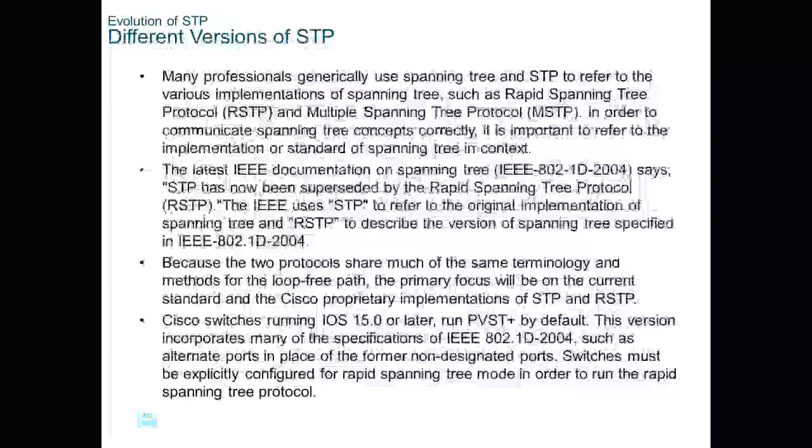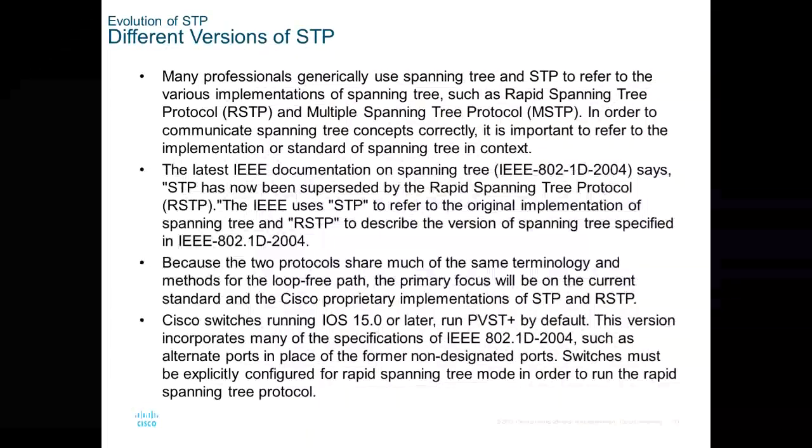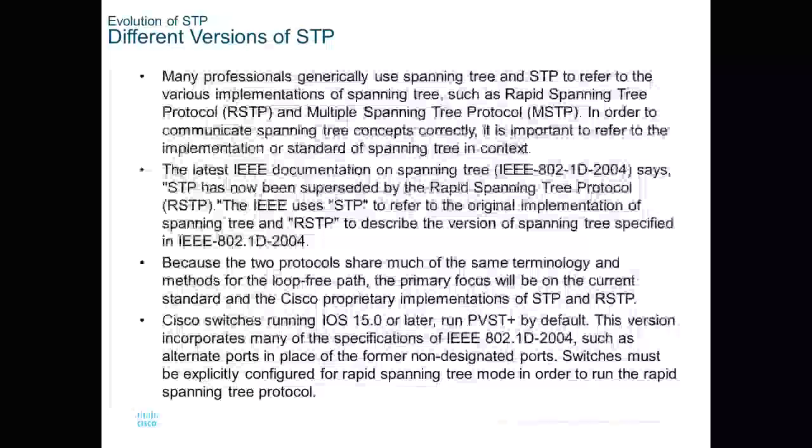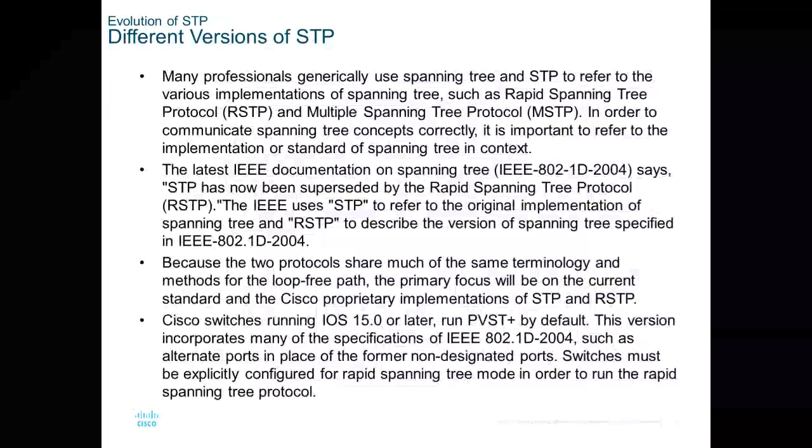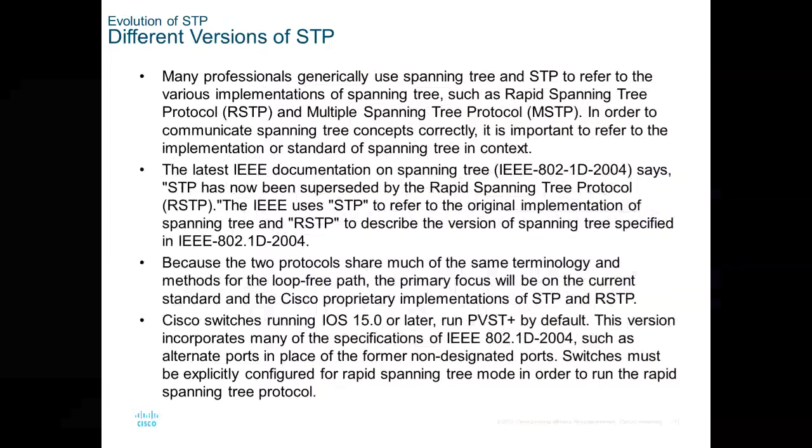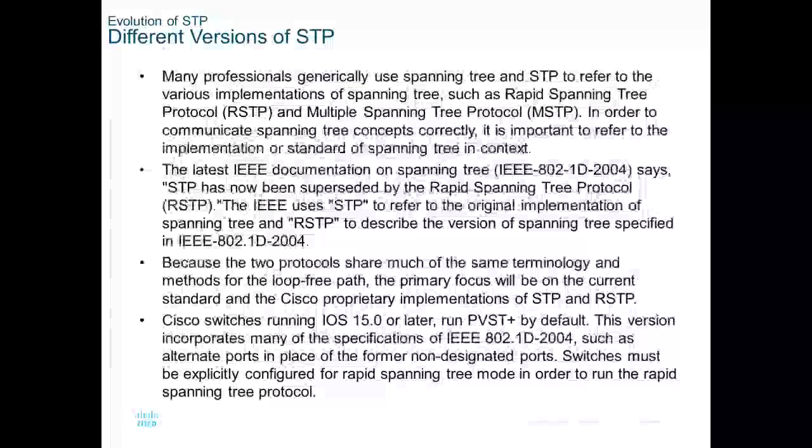Now, Cisco implements their own versions of these, which is Per-VLAN spanning tree, and it basically implements the standard the same, except that it runs the spanning tree instance for each VLAN.